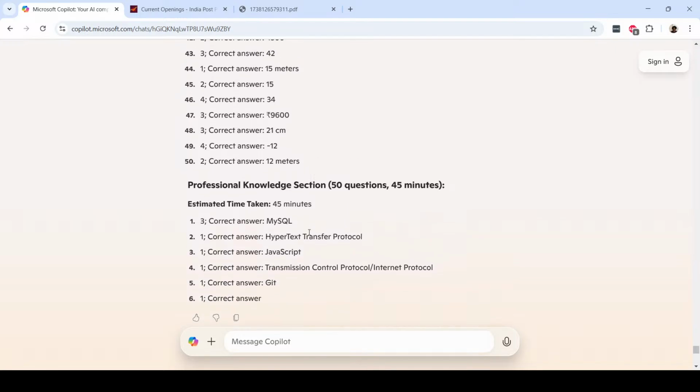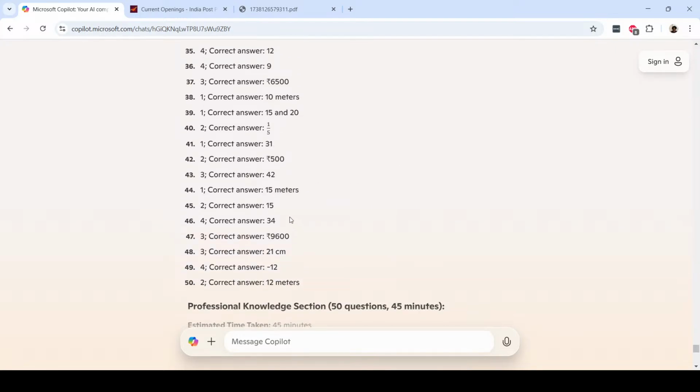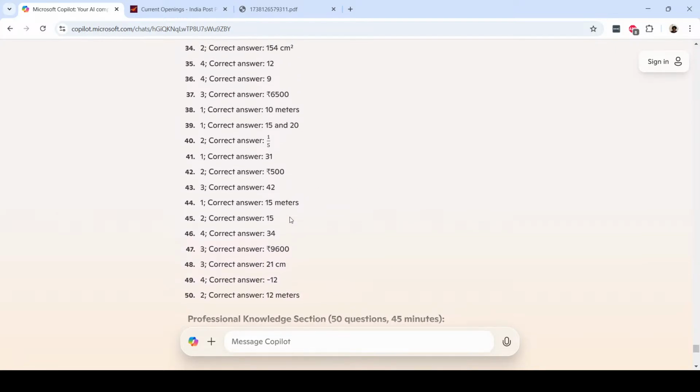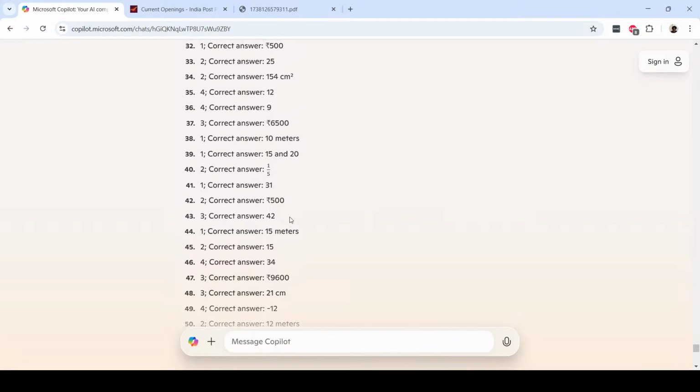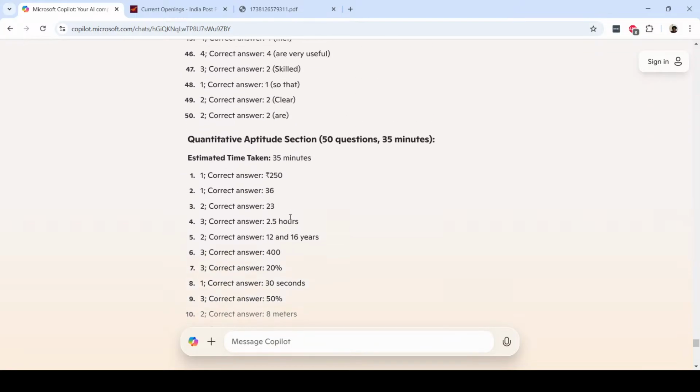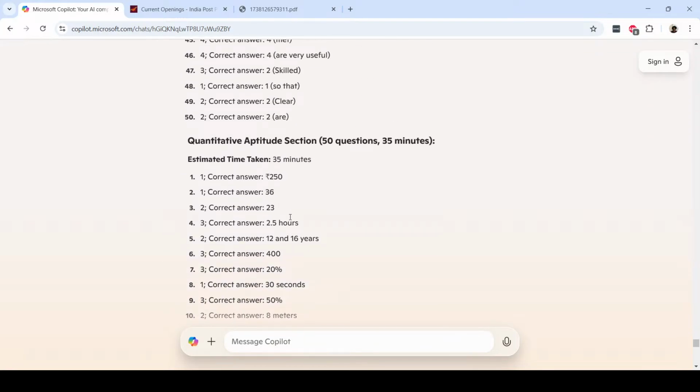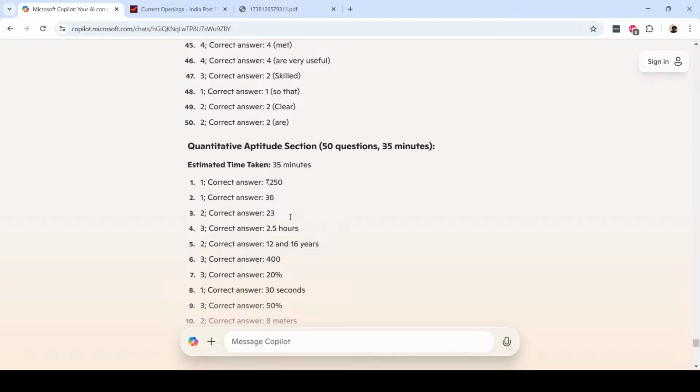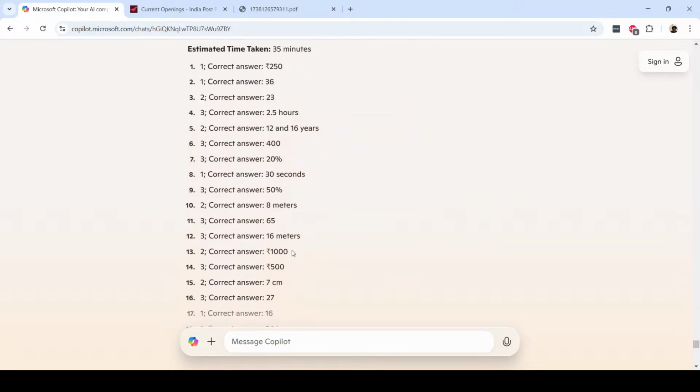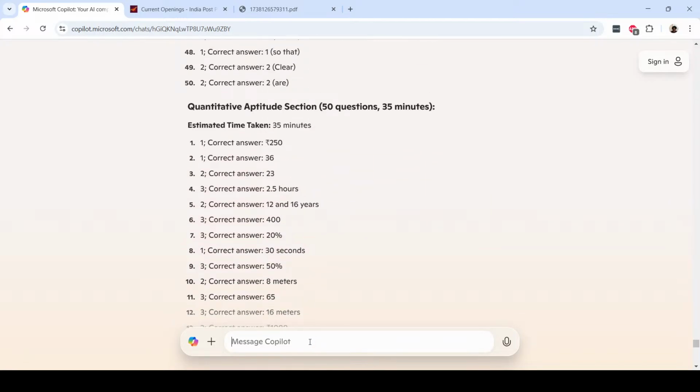And even if you want, let's say in quant I want the solution for question number 15.